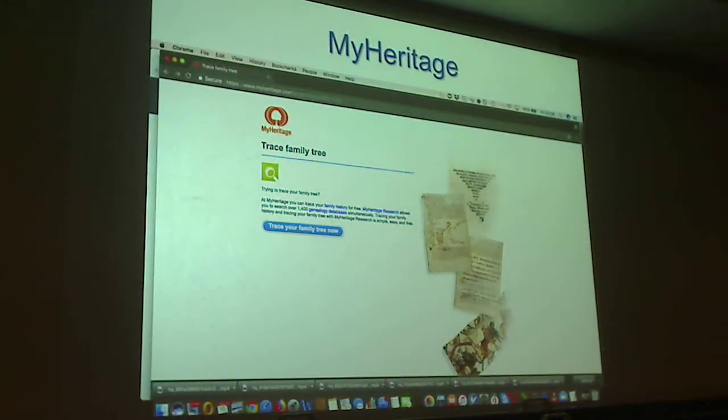Then you can go to the competition. MyHeritage, they do the same thing. They claim they have the biggest database. They have all the regional DNA, and they map a lot of markers onto all those regions, and then come with a nice report on where you're from, right? And to a lot of people, this is quite a surprise.